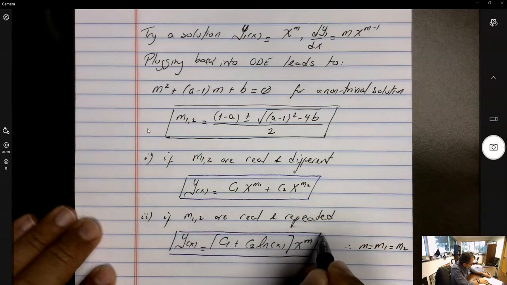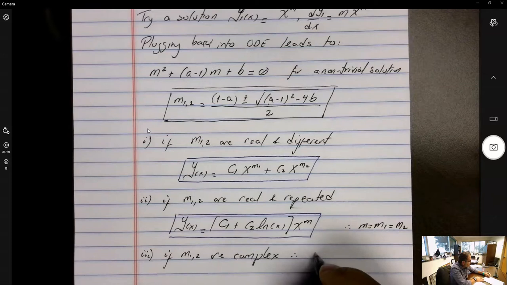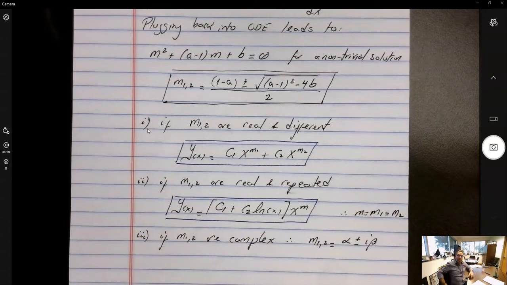And obviously there's a third possibility for what the solution m1, m2 can be, and those are if the argument is negative, and that is going to yield m1 and m2 complex. And in this case, we're going to let m1 and m2 be a real part alpha plus minus an imaginary part beta. And again, always the complex roots of a quadratic equation are conjugate, so one is a plus and a minus of the imaginary part.